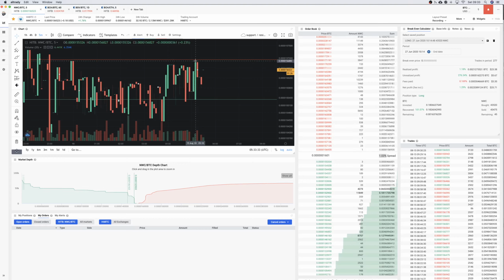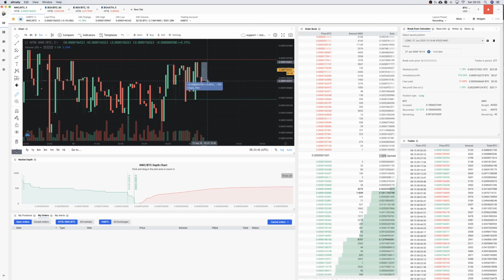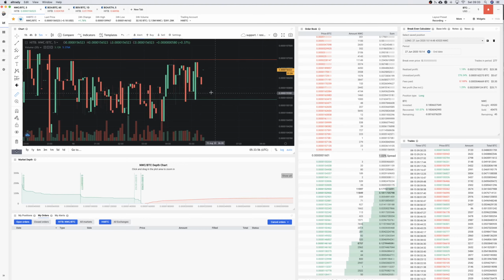So if we go lower than 0.5% of this, which is here, it will start to try to buy. How will it buy? We only use maker orders, so we only place limit orders on the top of the order book.